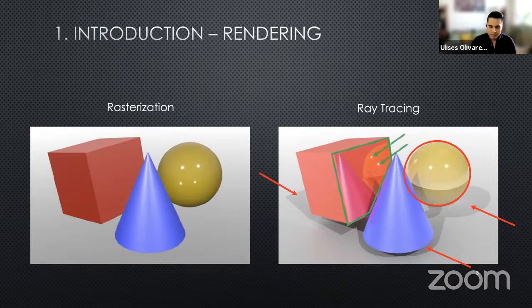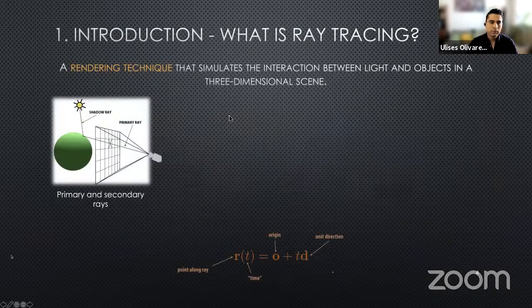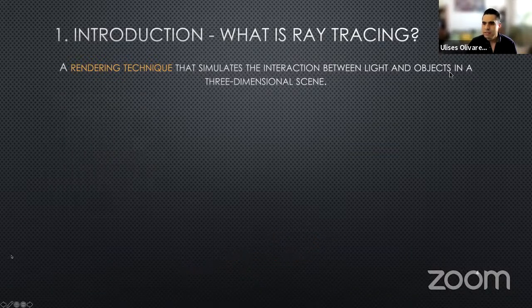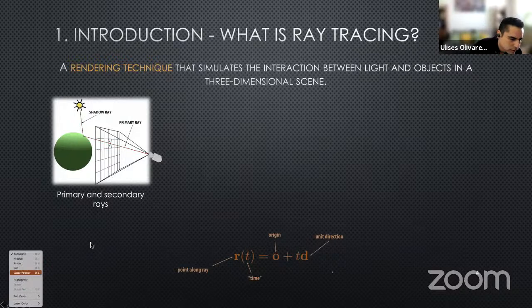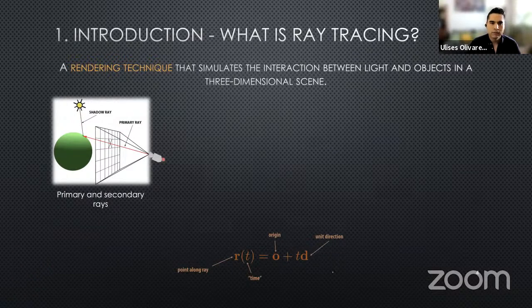So in order to explain this algorithm, I'm going to use different components. This ray tracing algorithm, as I already said, is a rendering technique that simulates the interaction between light and objects in a three-dimensional scene. So let me use this pointer. We have different components here.